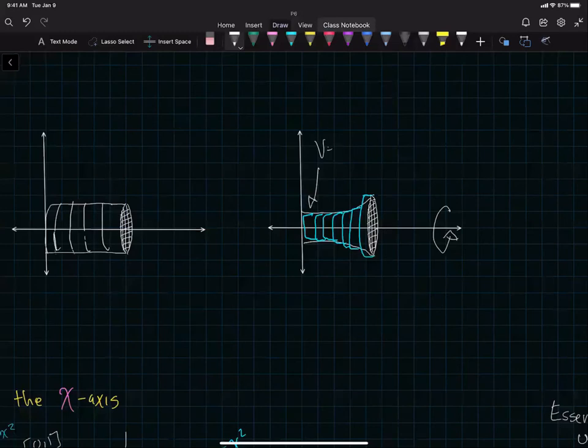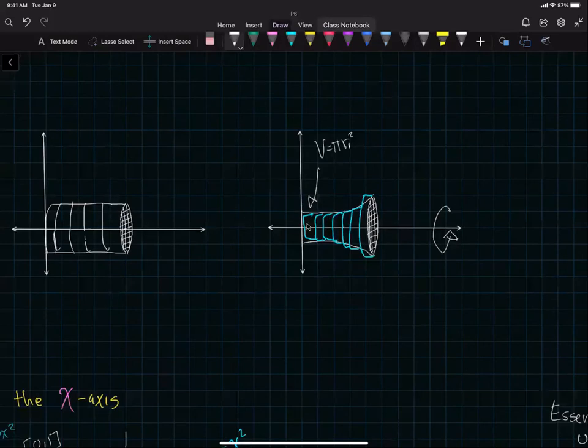The volume for this one is going to be pi r squared of the first radius, the radius of the first rectangle or first cylinder, and then times the height. Now the height for this one, well, let's say how many did I have? 1, 2, 3, 4, 5, 6, 7. So I have seven of these cylinders.